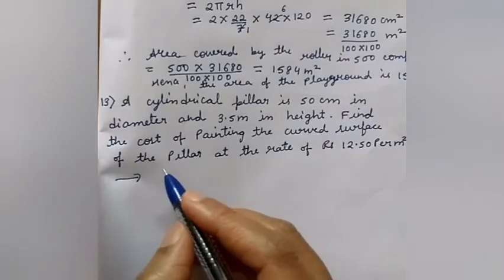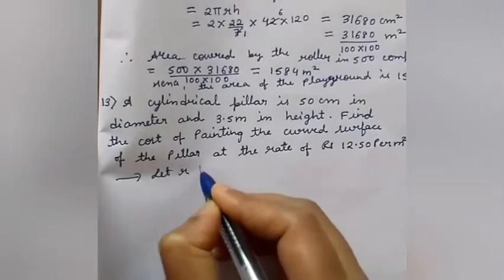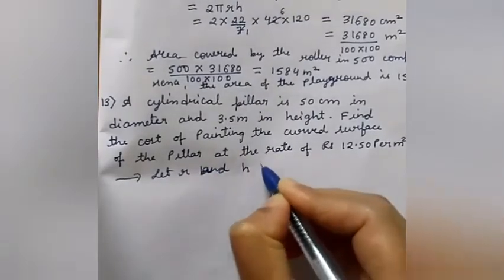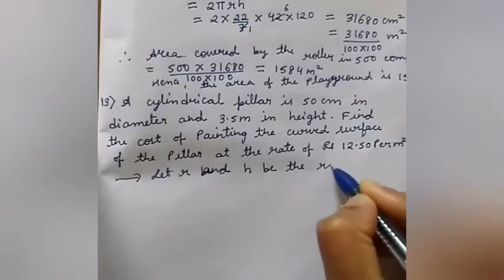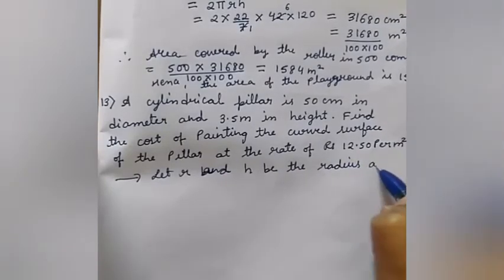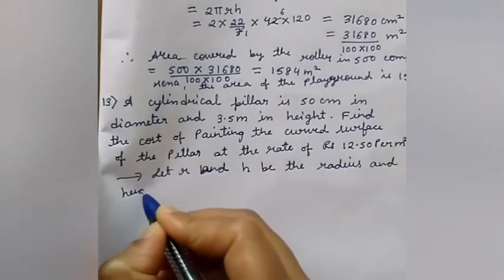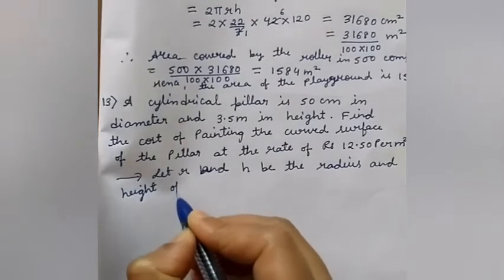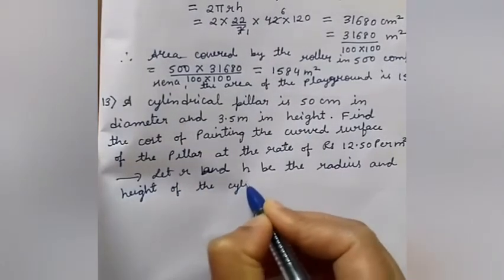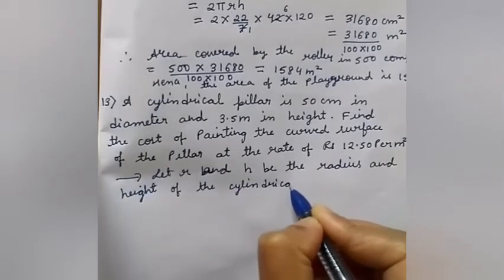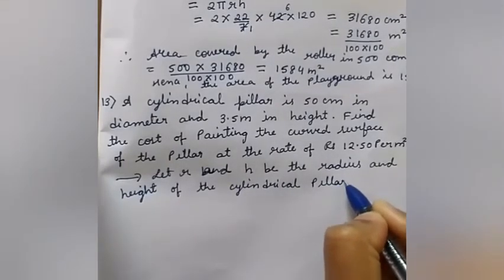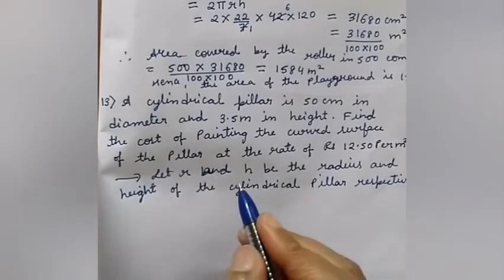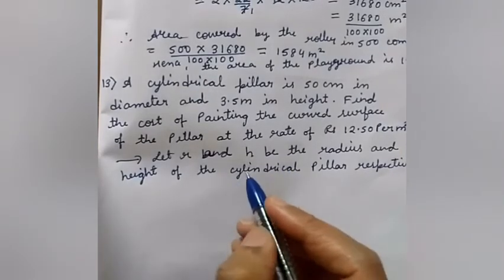So here let R and H be the radius and height of the cylindrical pillar respectively.